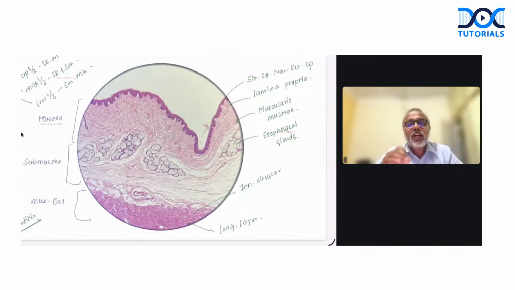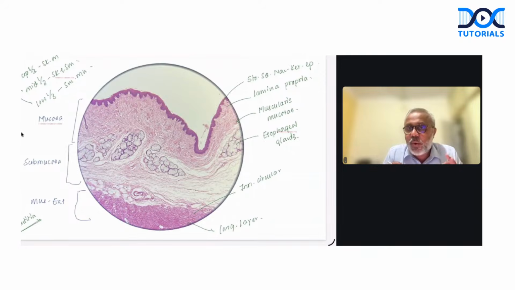Remember, the serosa contains connective tissue, but it is lined by a thin layer of squamous epithelium, which is called as mesothelium. So mesothelium, submesothelial or subserosal connective tissue. This is how serosa is made up of. Whereas the adventitia is entirely connective tissue without any covering epithelium.